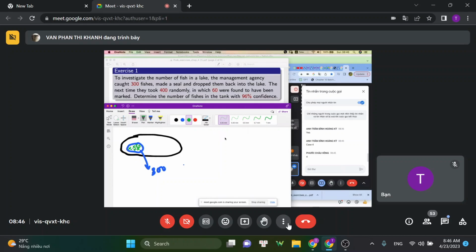And after a period of time, of course these fish don't stay in the same position, right? So here are the fish that we marked already, and the other fish. And what we have to do, we randomly take 400. So now I take a sample. This is my sample, right?